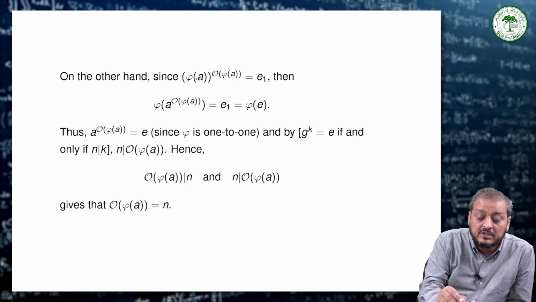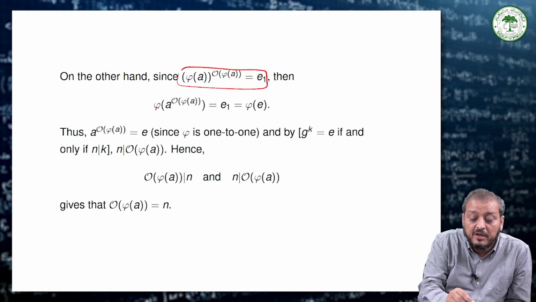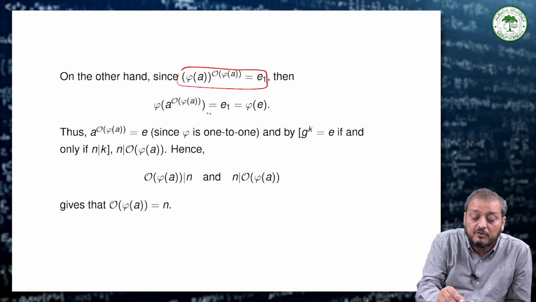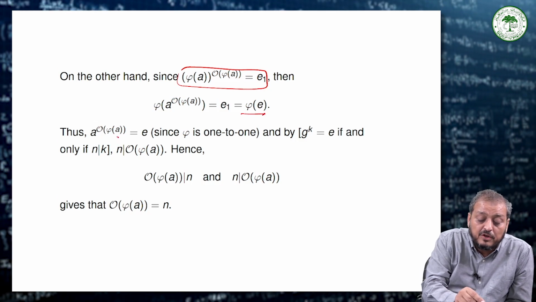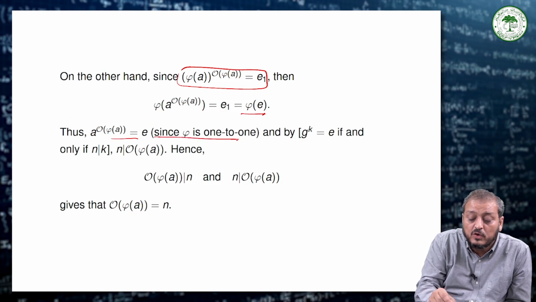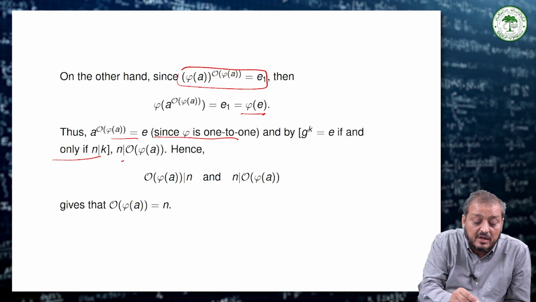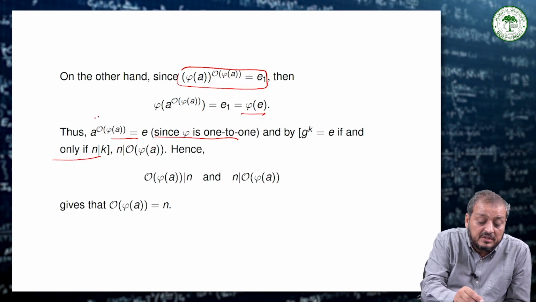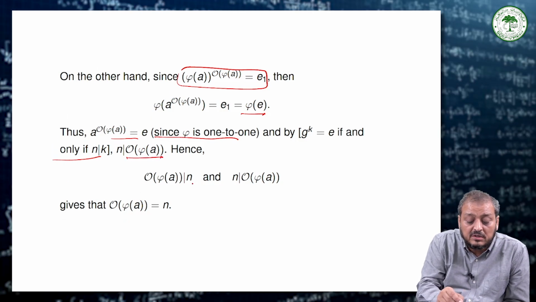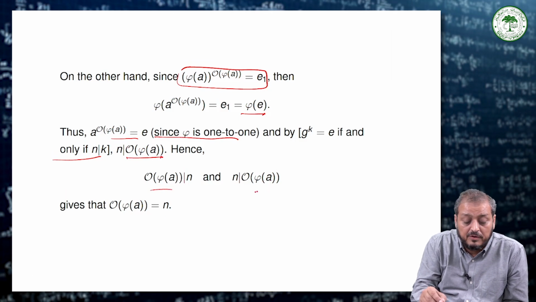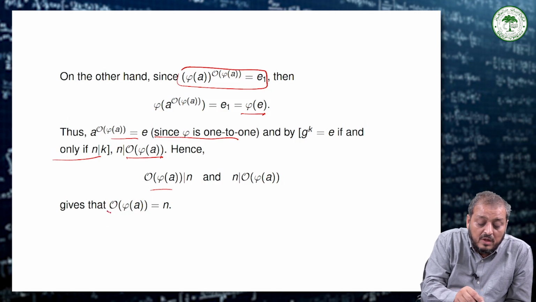Since phi of A to the power of the order of phi of A is equal to identity, then phi of A to the power order of phi of A is equal to E, which is phi of E. So A to the power order of phi of A is equal to identity, since phi is one-one. And again by this result, we can say that n should divide the order of phi of A. So the order of phi of A divides n and n divides the order of phi of A, which gives that the order of phi of A is equal to n.